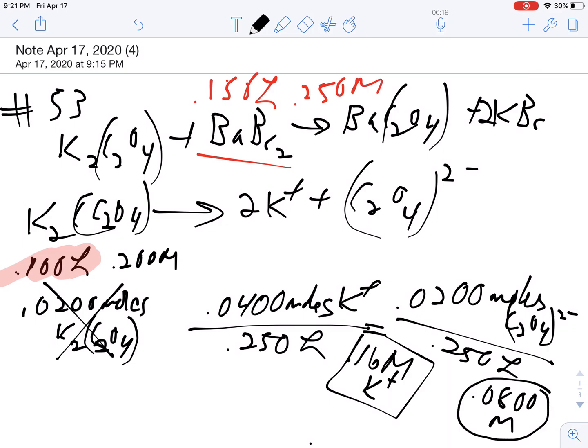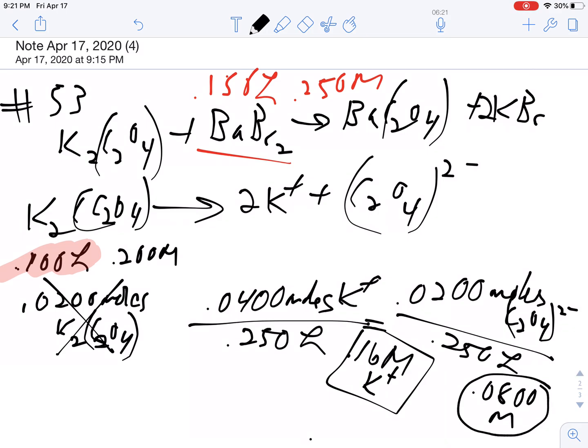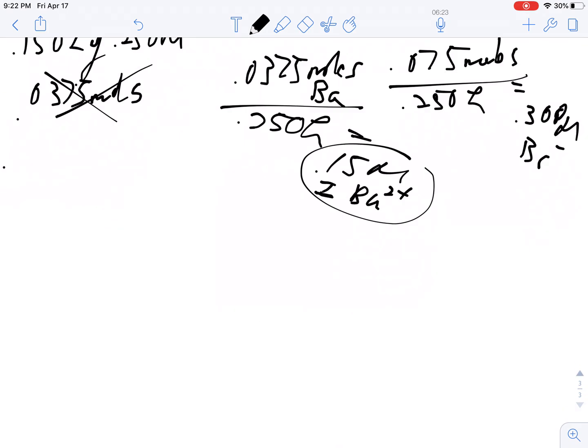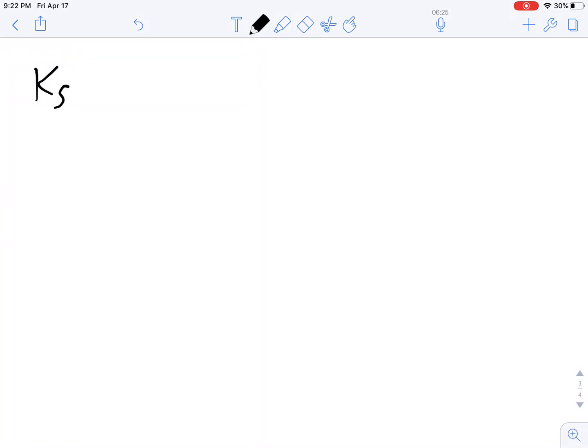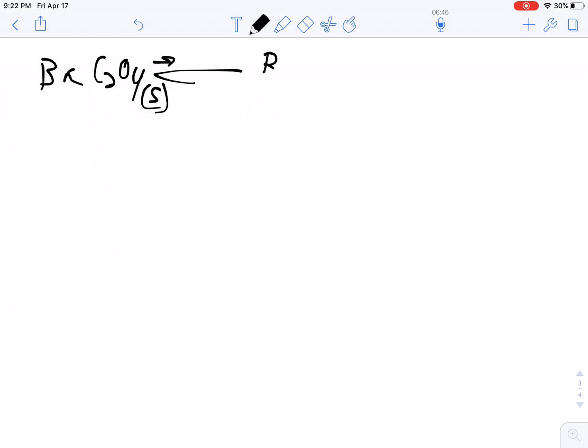So the KSP, let's write the equation. So the barium oxalate, most of it will stay as a solid, only a little bit will dissolve.